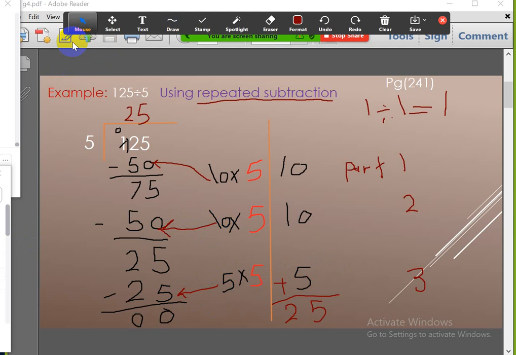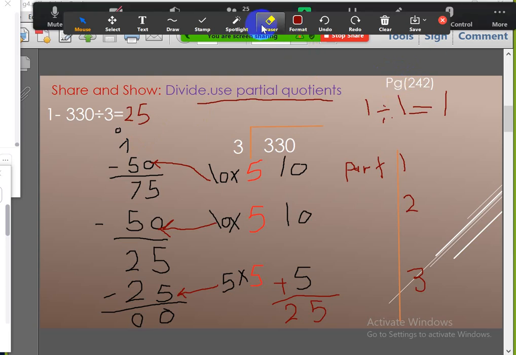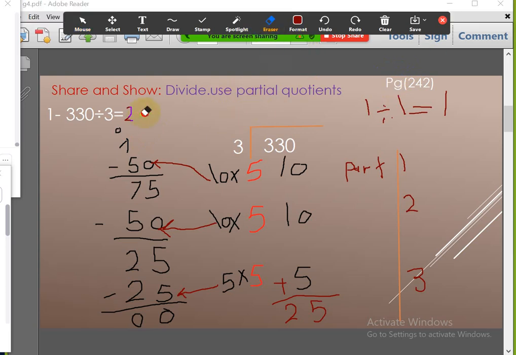So girls, now we will solve another example to make it clear for you on page 242. Okay, I will erase those. I think you finished, girls, right?